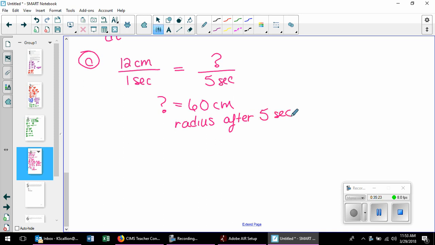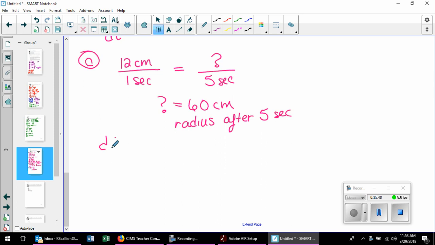Now this is where I said assume that your initial radius starts at 0. I cross multiply. 5 times 12 gives me 60. 1 times a question mark gives me the question mark. Only time you cross multiply is when they're on the other side.